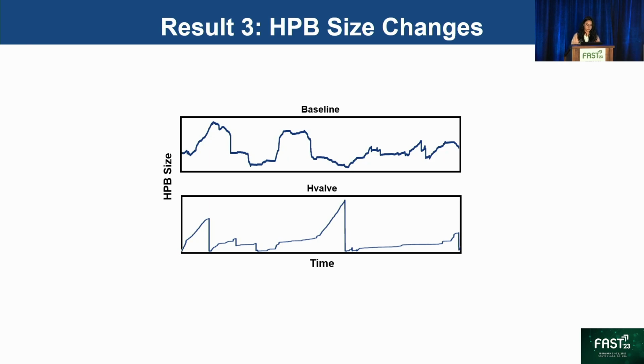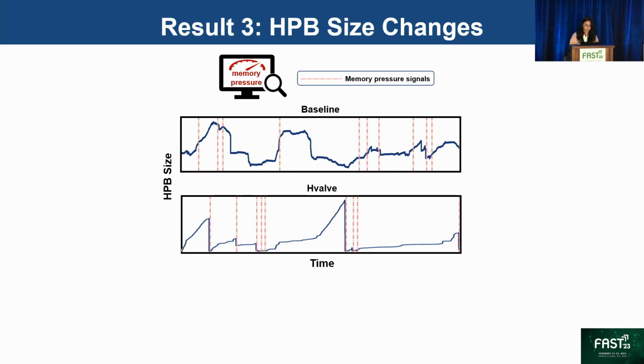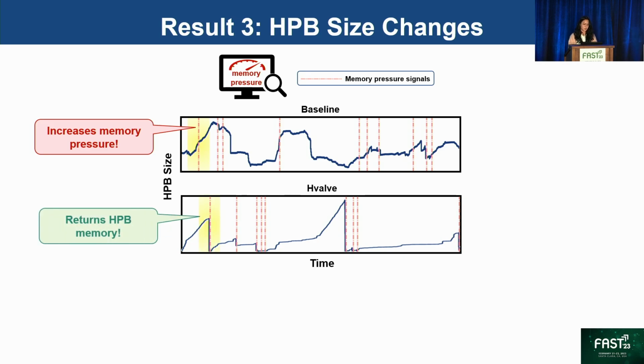So this graph illustrates changes in HPB memory size along with the reported memory pressure signals. And unsurprisingly, the baseline case allocates and frees HPB memory in a non-harmonized manner with the memory pressure status. When the memory pressure is present, it still allocates HPB memory, while HPBvalve promptly returns HPB allocated memory to relieve memory pressure.